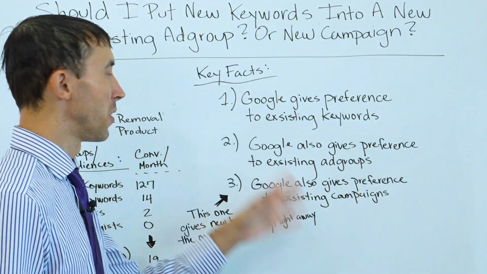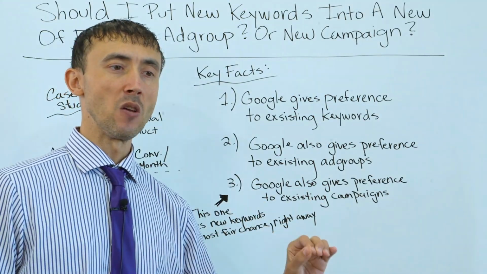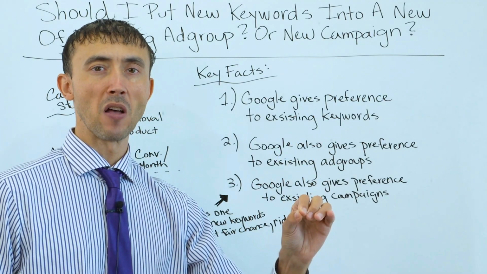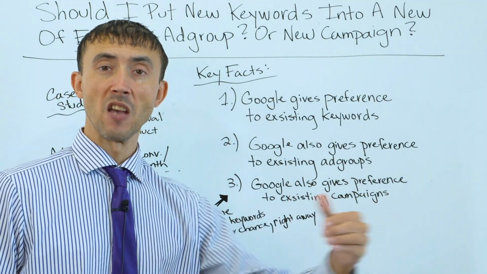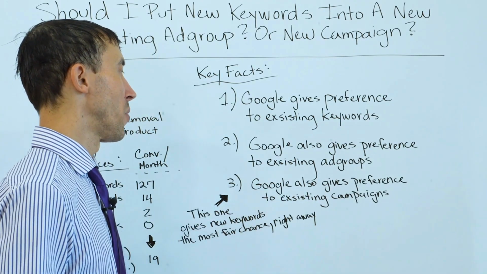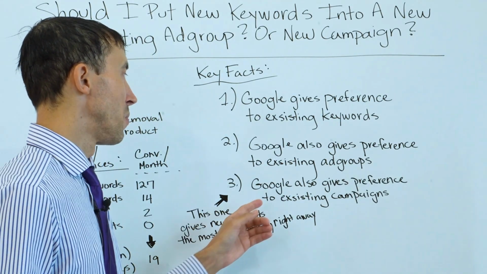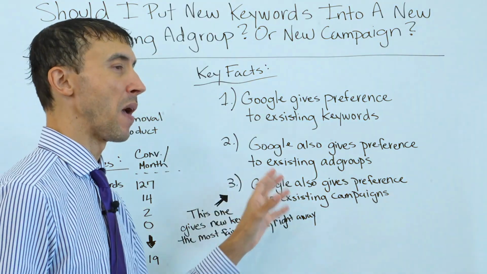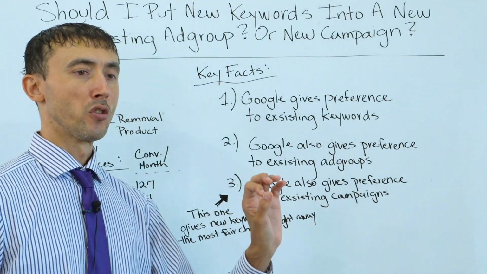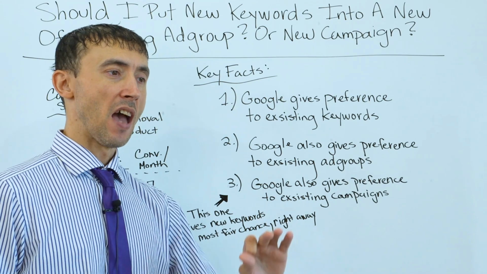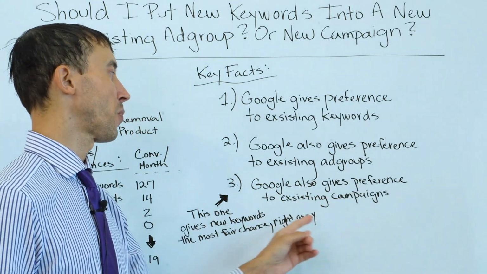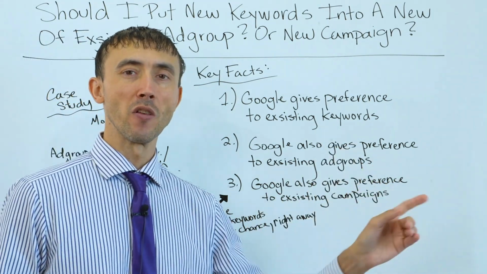Your real play here, if you want to give these keywords a fair shot because you feel confident about them, and or just want Google to quit ignoring them for the most part and give them some decent traction, you want to put them into a brand new campaign, because that's the main way that they're going to treat them as if they have to really test them out. And even then though, Google also gives preference to existing campaigns. So you got to know this as well.